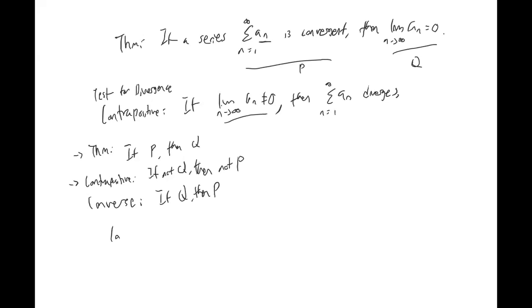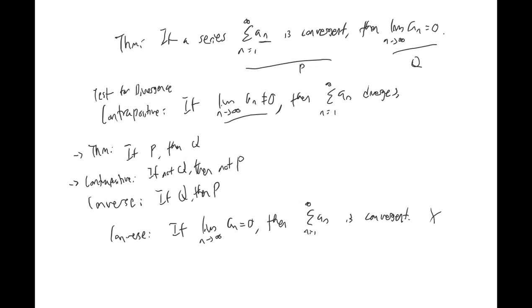But I'm telling you the converse is not true. The converse is if the limit as n goes to infinity of a_n is 0, then the sum of a_n converges. This is not true.